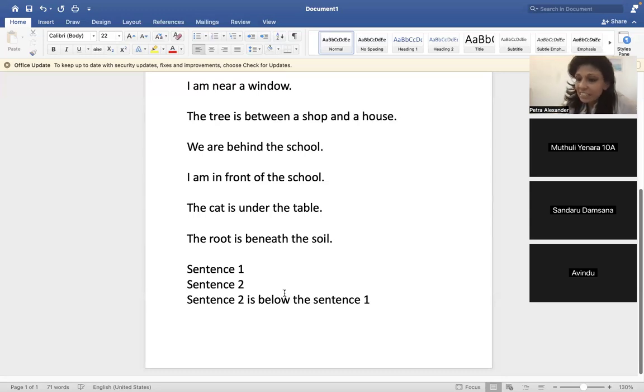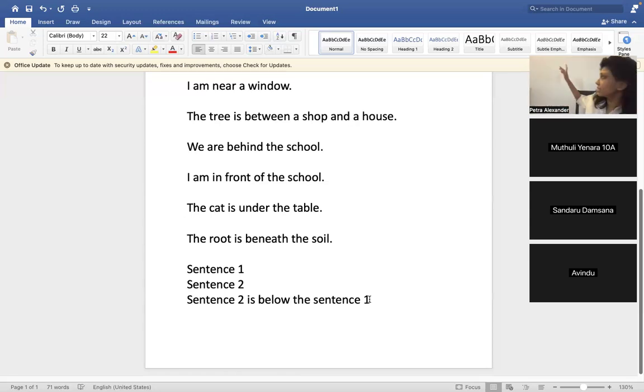That's according to the places. Generally, under we use with 3D things, objects: under the table, under the chair, under the bed, under the pillow, under the mattress. Below is like this, on a screen. Even if you say under the sentence 1, that is okay, but the most correct one is sentence 2 is below the sentence 1.